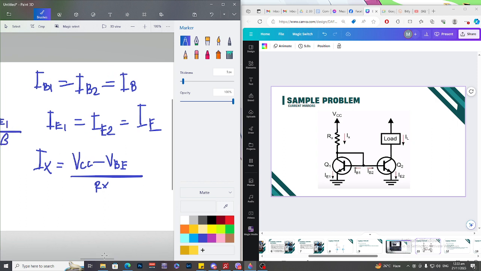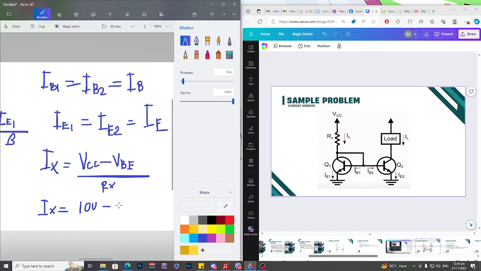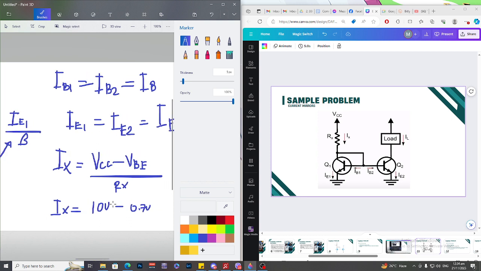Same formula. So what we're going to do is take the value of VCC, which is the 10 volts, minus the VBE, which we know is 0.7 volts. That's the universal value of VBE.